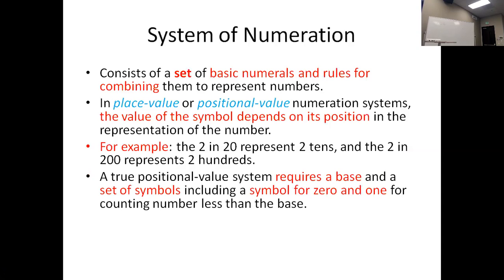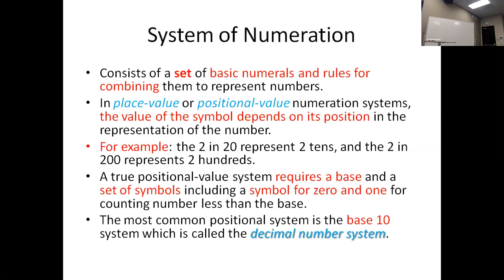In order to have true positional value, you need to have a base. Our base is base 10, and you need to have 0 and 1 for counting numbers less than the base. People don't realize the importance of these two numbers, 0 and 1. That's the whole foundation of the binary system.